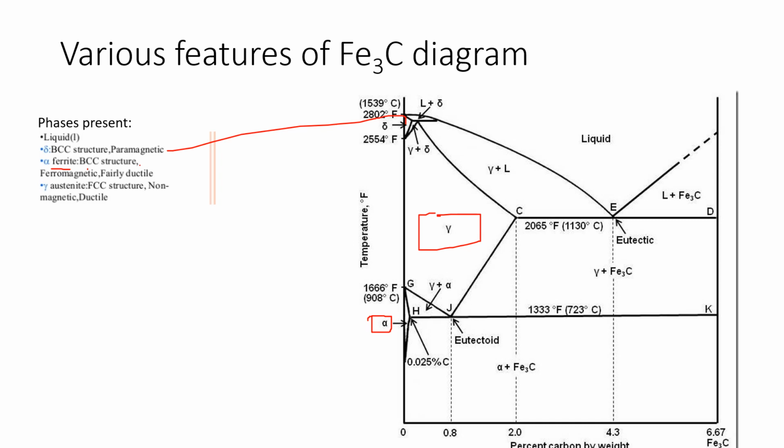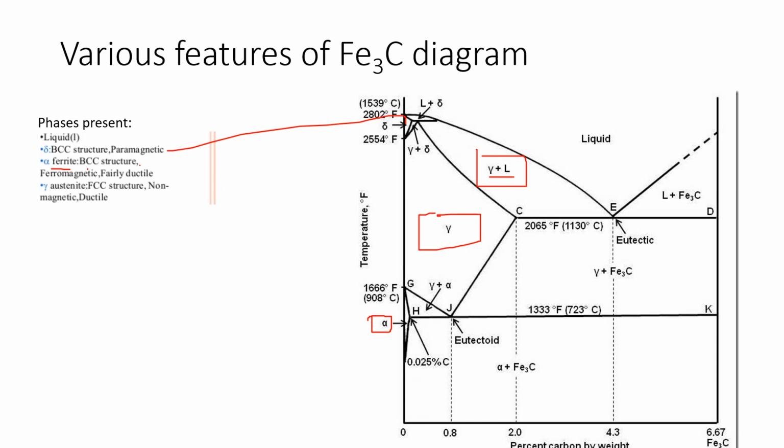The other phases are the liquid plus delta region, the liquid plus gamma region, and the liquid plus iron carbide region between E and D, and the C and E line represents the gamma plus liquid region. Some parts are liquid and some solid crystals are formed within this region.